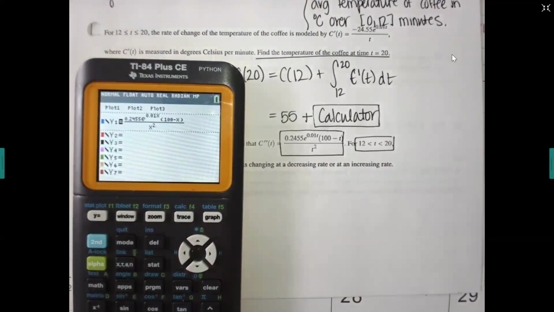And then when I hit graph, what part of the graph do I really only care about? 12 to 20.